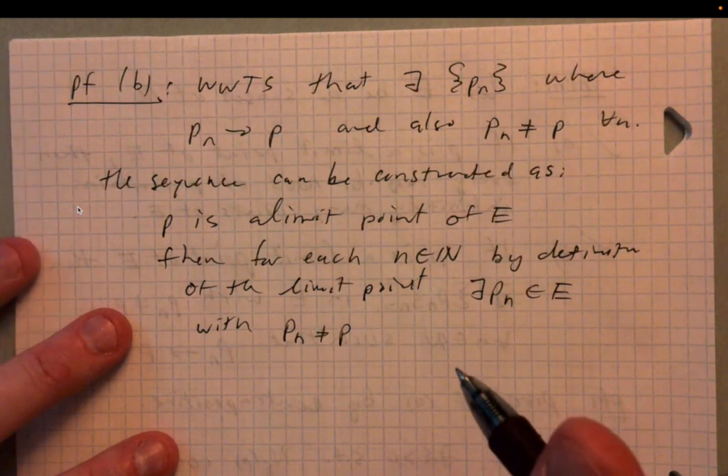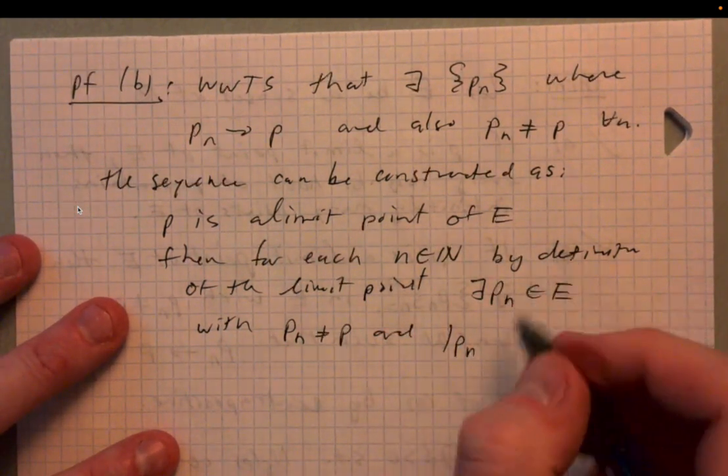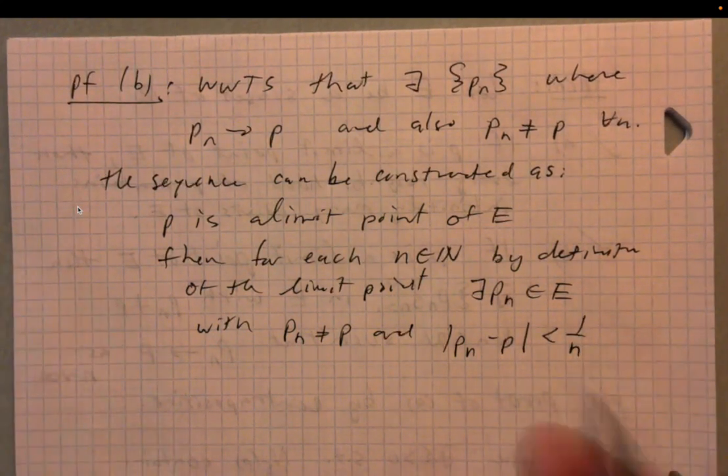Remember, this is the definition. And the distance between p sub n and the limit point p being less than 1 over n. Right? We could characterize it like this.